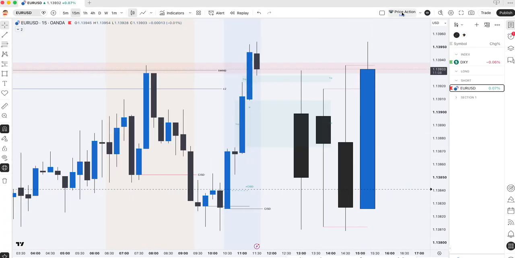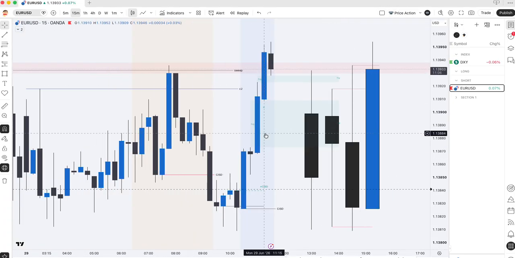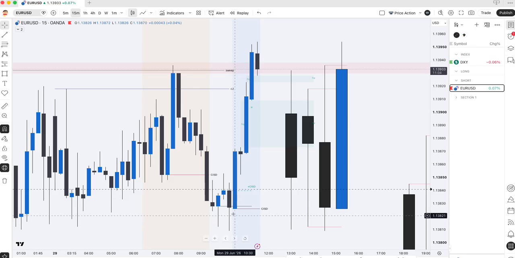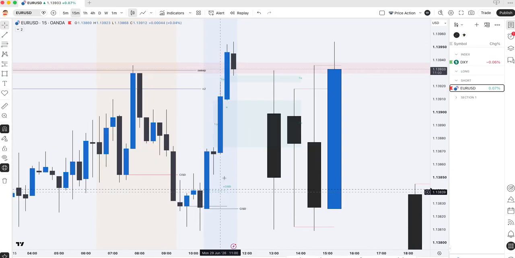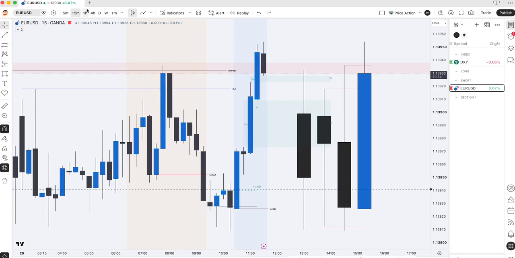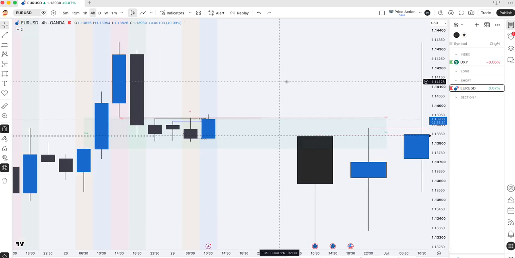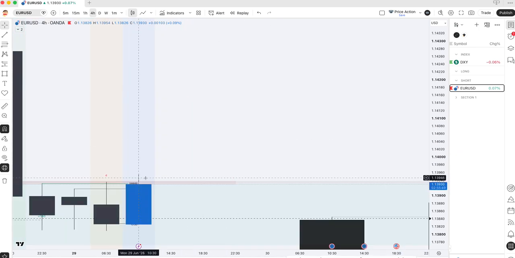So the current update is, price did not go below, as I said previously, and it's showing extremely bullish momentum as of right now. And if I look at the 4-hour time frame, we have already broken the last candle's high.